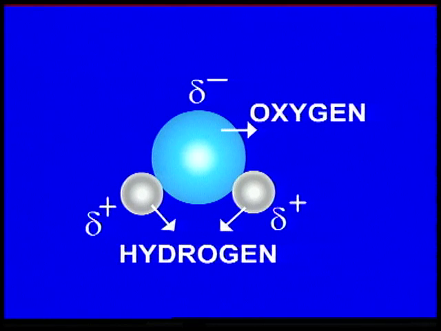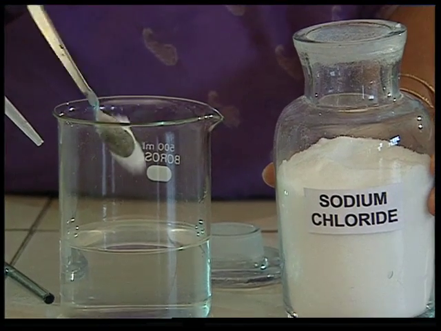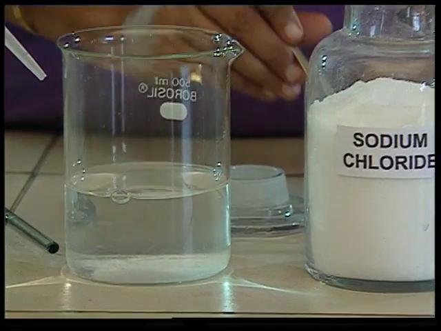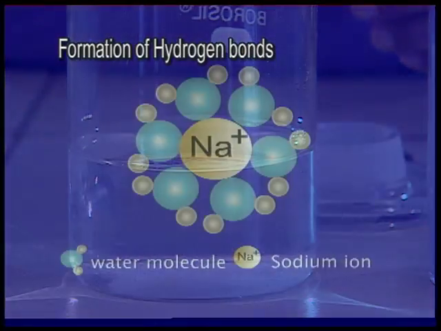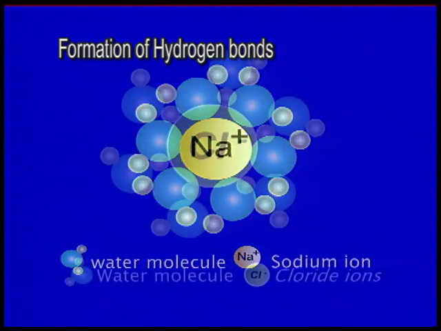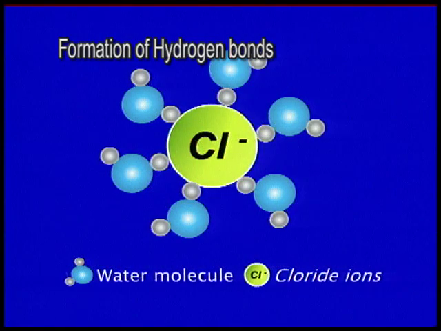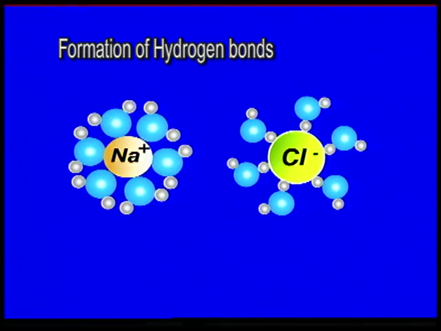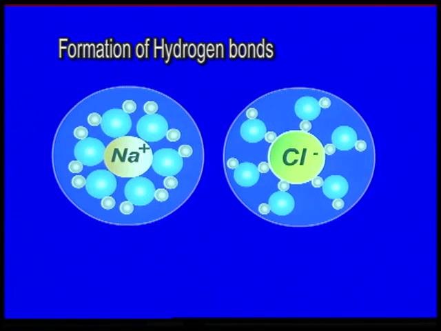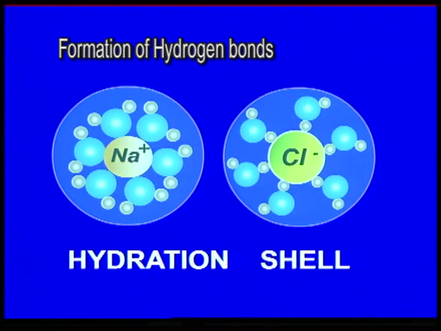So, when a solute with positive or negative parts is dissolved in water, like the positive sodium ions and the negative chloride ions in the case of common salt, the ions are surrounded by water molecules oriented like this. The water molecules are said to form hydrogen bonds with the ions. The shell of water around the ion, known as the hydration shell, prevents the ions from coming together.